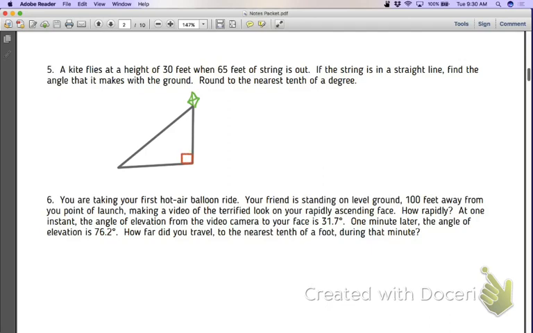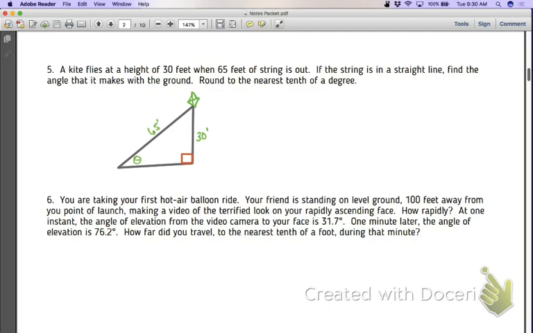So I have a right angle here. The kite's 30 feet above the ground. The string is 65 feet. We're trying to figure out what this angle is down here in the corner. So you're given two sides, you're trying to find an angle. So it's a little bit different than what we've done before.